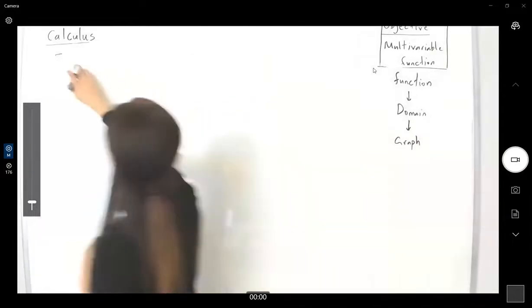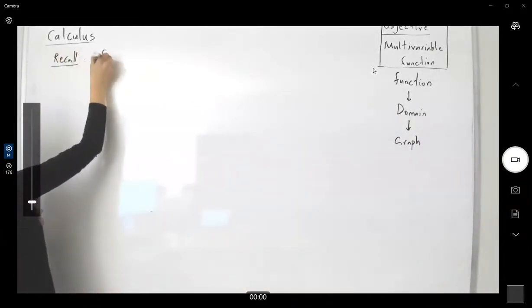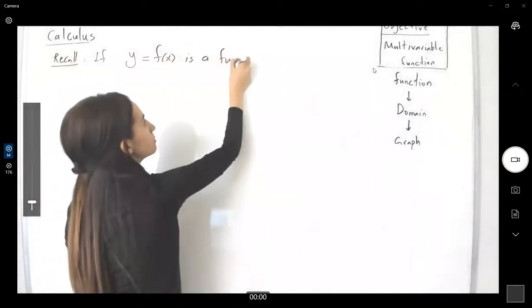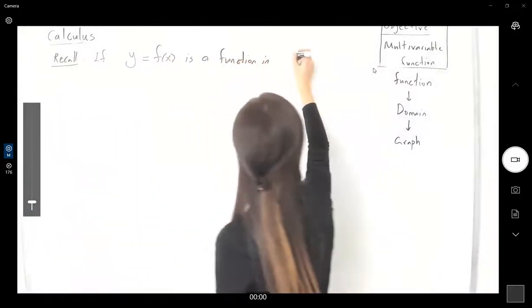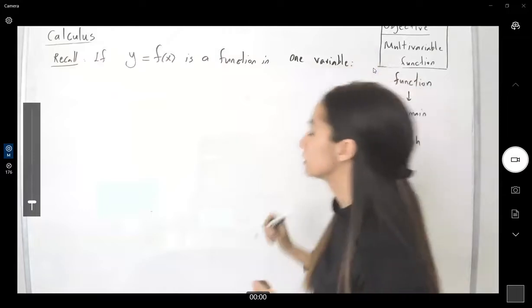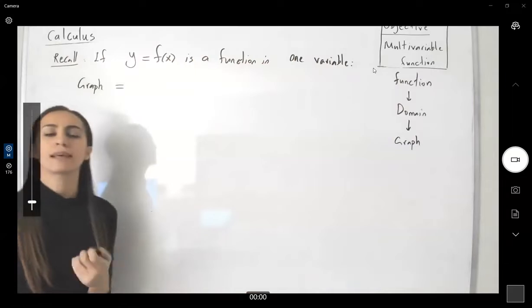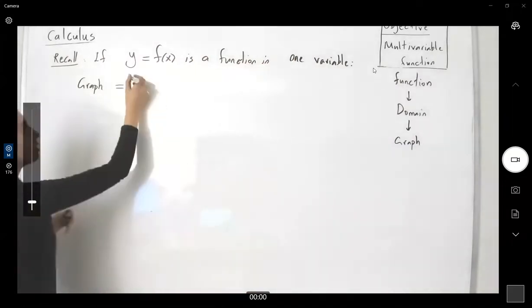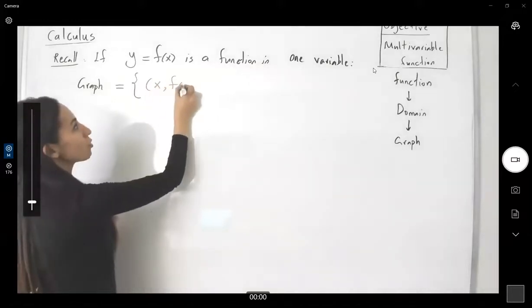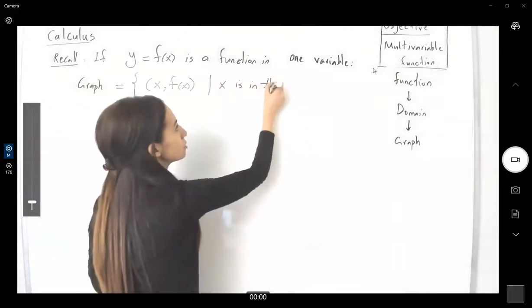So recall that if y equals f of x is a function in one variable, then the graph of the function is defined as the set of points in the plane, the set of all (x, f of x), or y values, such that x is in the domain of f.